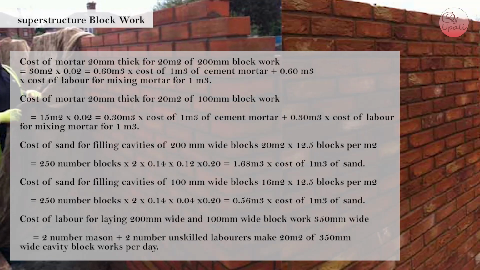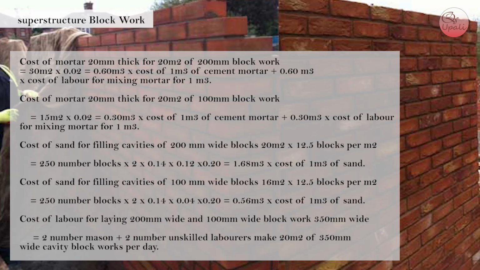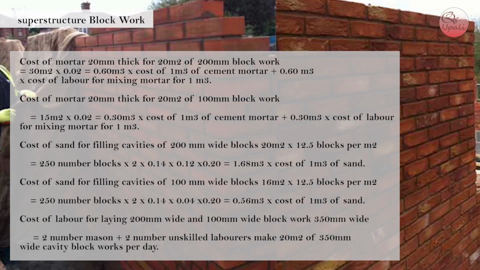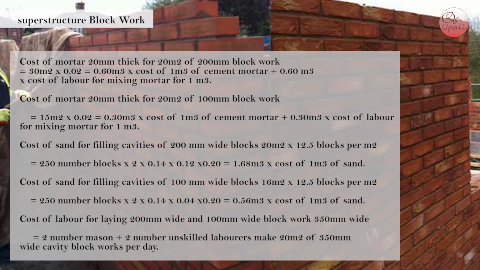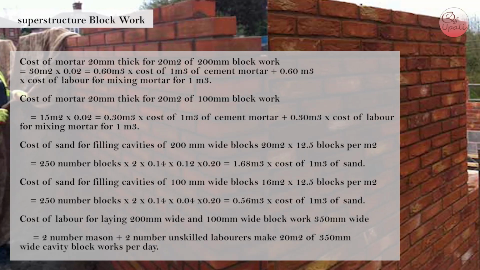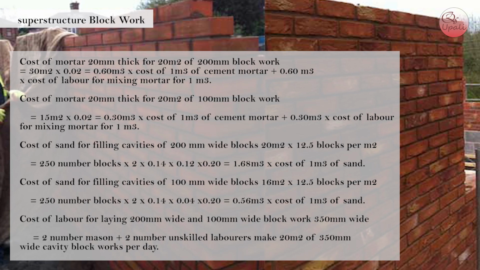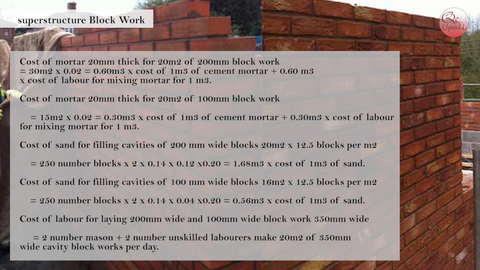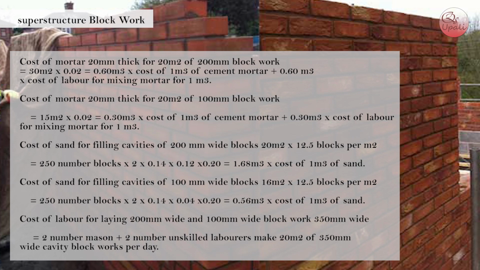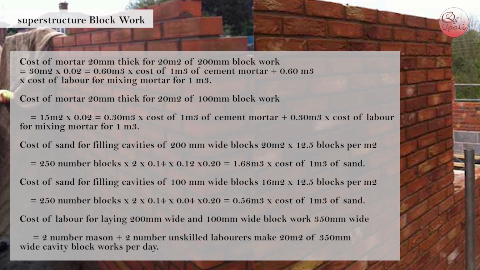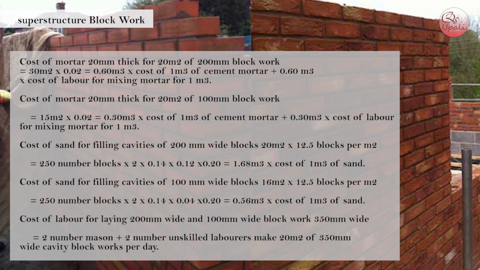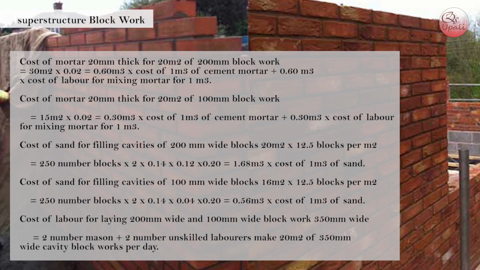Cost of sand for filling cavities of 100 mm wide blocks: 20 meter square into 12.5 blocks per meter square equals 250 numbers of blocks into 2 into 0.14 into 0.04 into 0.2 equals 0.56 meter cube into cost of 1 cubic meter of sand.